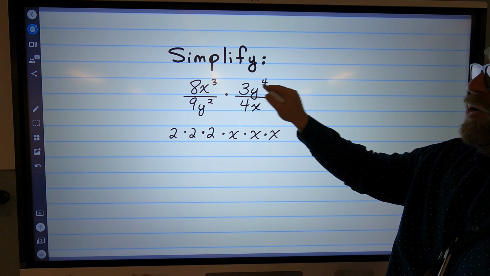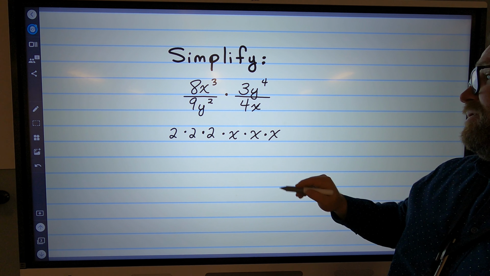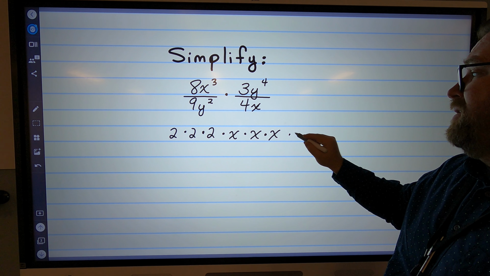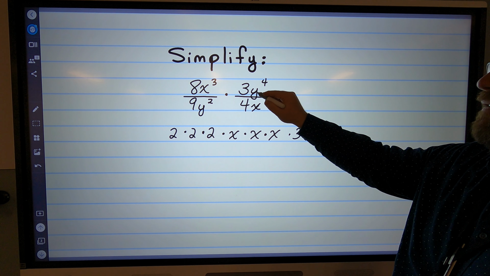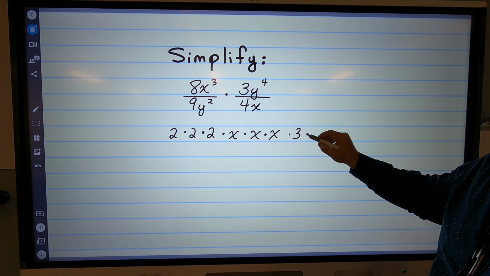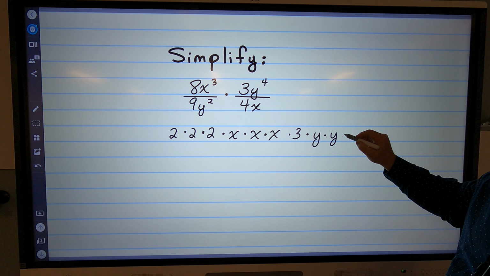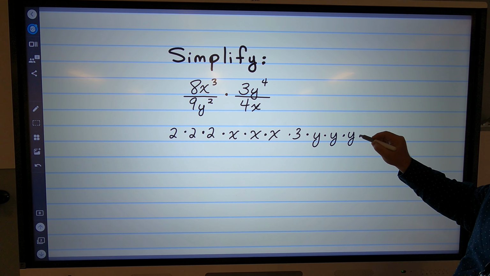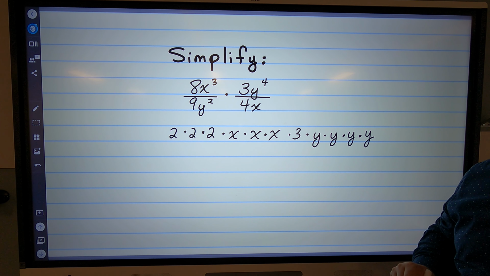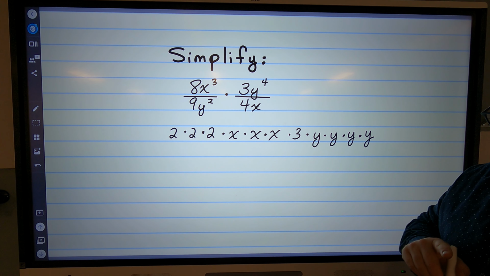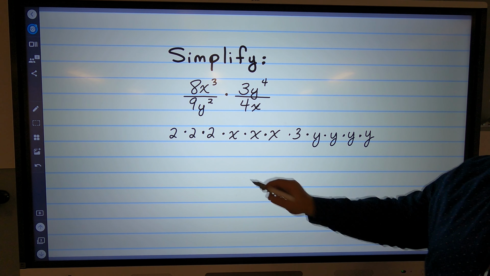Okay, we're multiplying the numerators across, so the prime factor of 3 is just 3. So times 3, and then we have 4 y's multiplied together. So y times y times y times y. Now, you may ask, why am I doing this? But I'll show you in a minute.